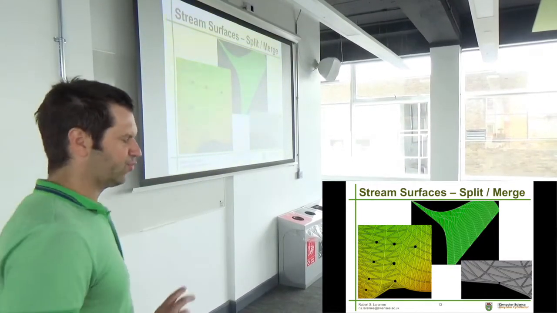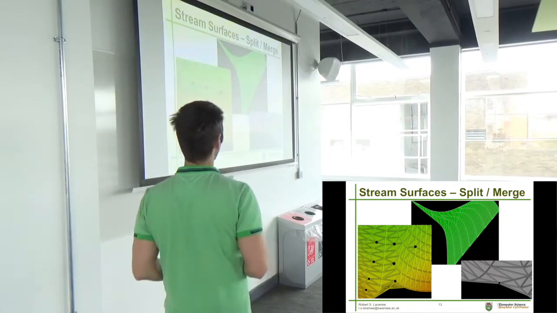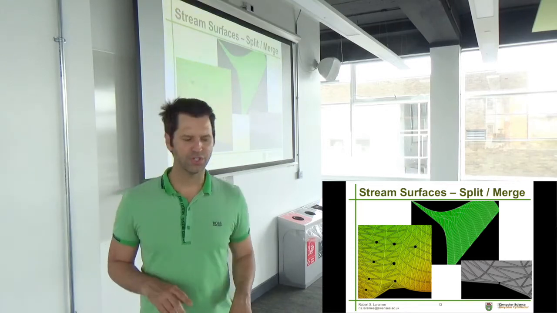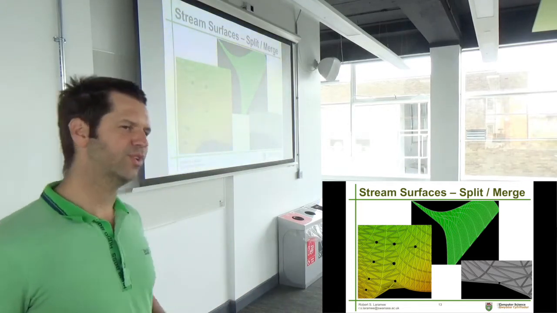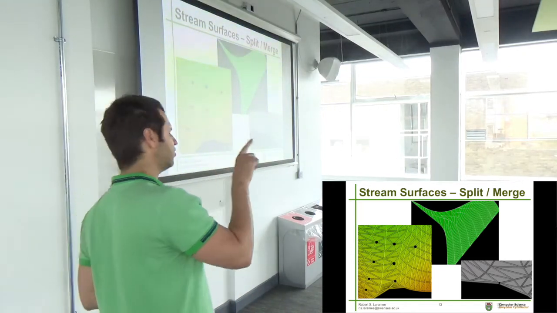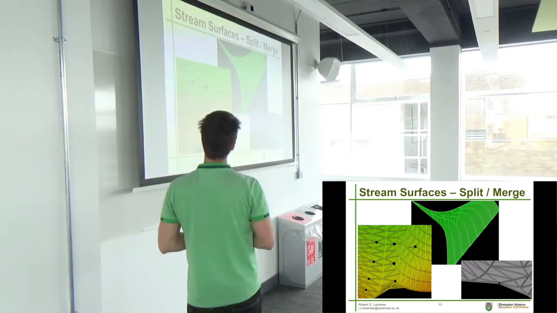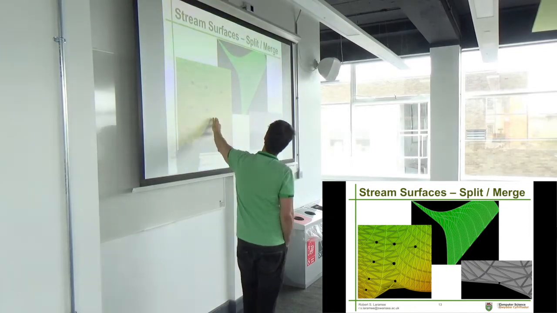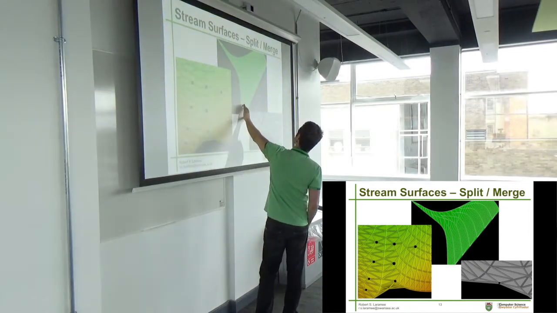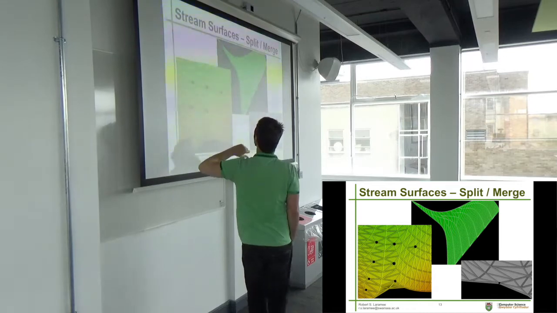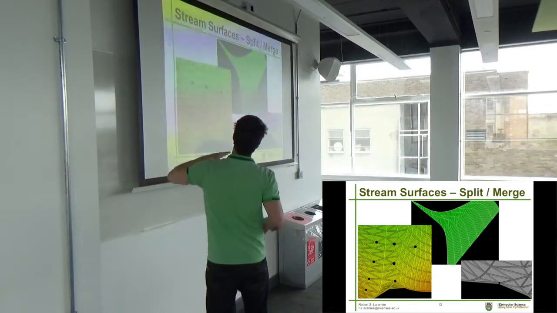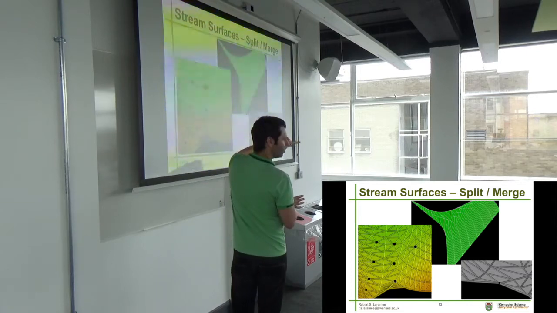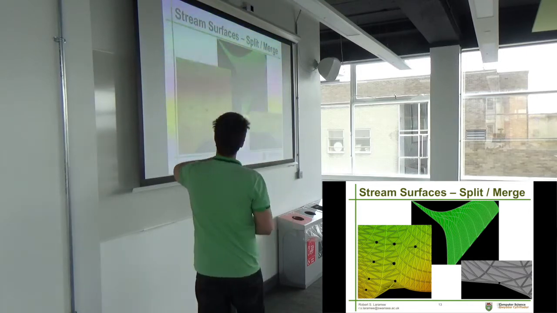The first stream surface construction algorithms used triangles. Just like in that stream ribbon we saw, a triangulation between these two streamlines. And this is sort of what the triangulation looked like. If you try to use triangles to construct stream surfaces, it gets very complicated. Right? Streamlines diverge, and you're trying to keep a tiling between the two streamlines.